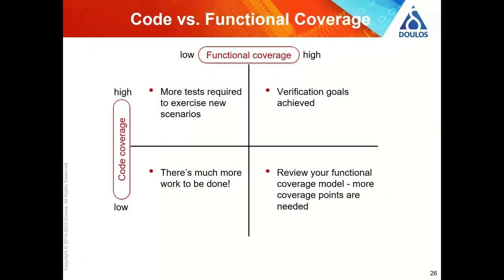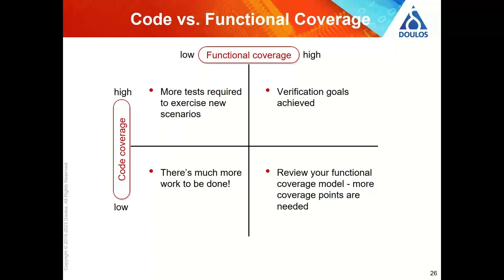So in terms of code coverage versus functional coverage, if we get high for both, that's great, we've met our goals. If we've got high code coverage but low functional coverage, then it means that our tests are executing the code correctly, but we're not seeing all the states that we need, so we need to look at the stimulus.